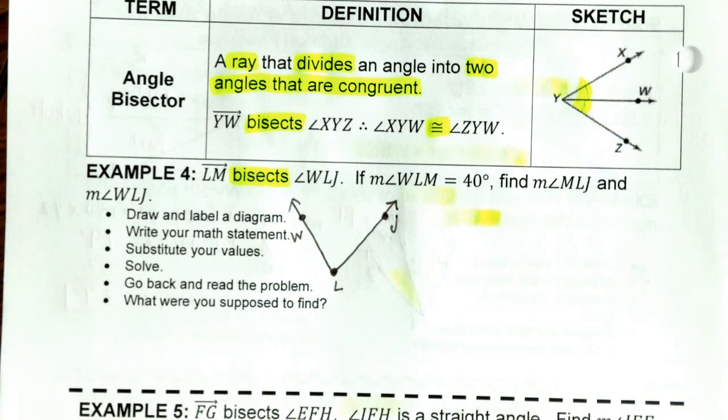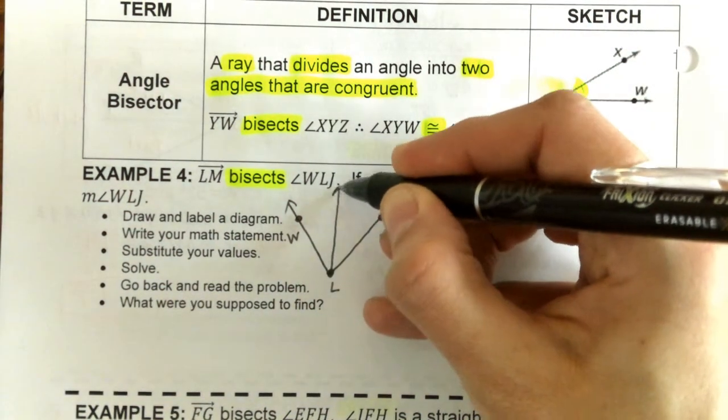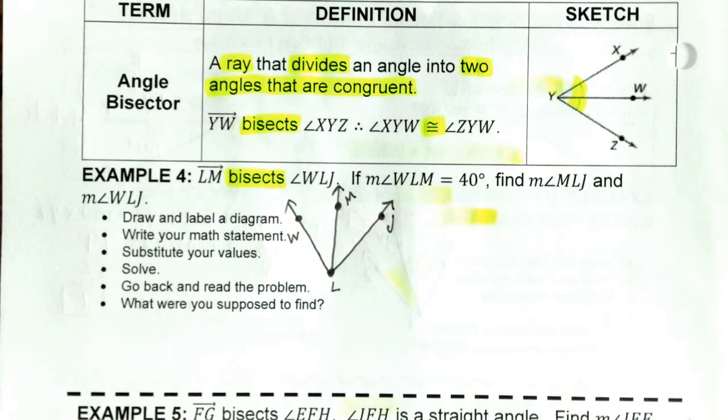And then we need to draw in ray LM. So all we do is we start at our vertex L, and we can just eyeball it. We're not going to measure. We'll just eyeball a ray, and we're going to place that point M on there. Now, if you had none of these words and you had just this picture, you do not assume that they are congruent.